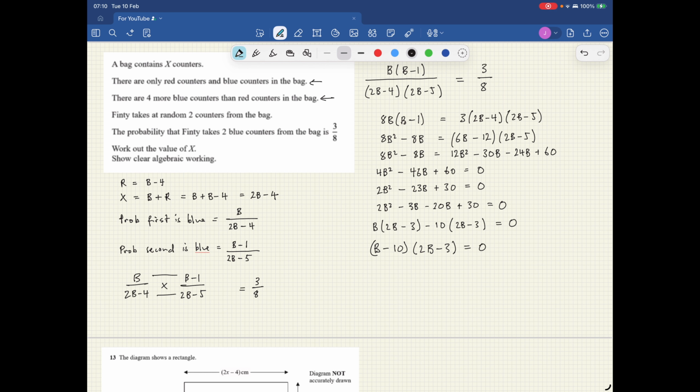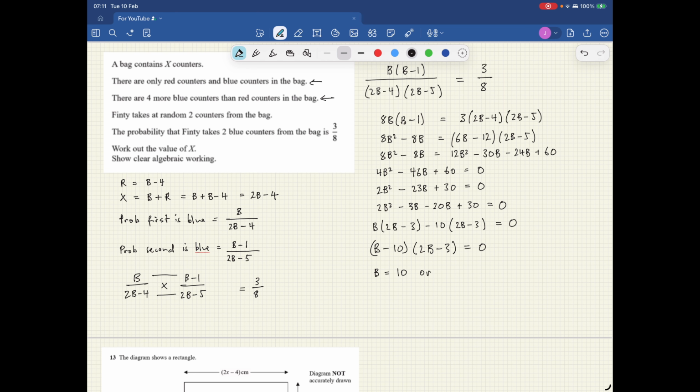Now the reason that we do all this equaling 0 thing is that when we end up in the factored form like this, if you've got two things multiplied together and the answer is 0, either one or the other of them has to be 0. There's no other way of doing it. And I can see here that b could be 10, because that would make this first one 0.